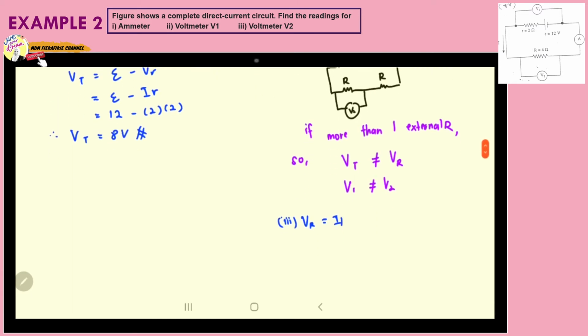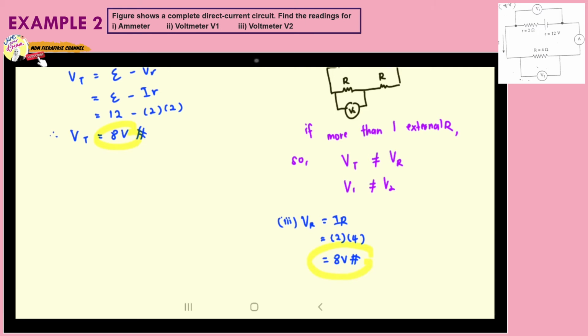Since we already know that I is equal to 2 and R is equal to 4, VR is equal to 8 volt.